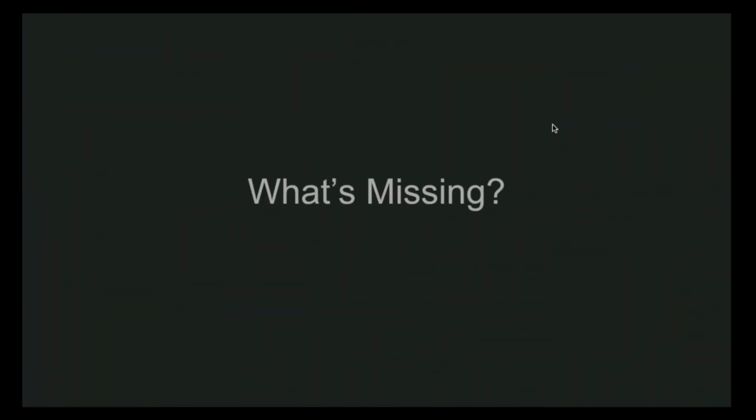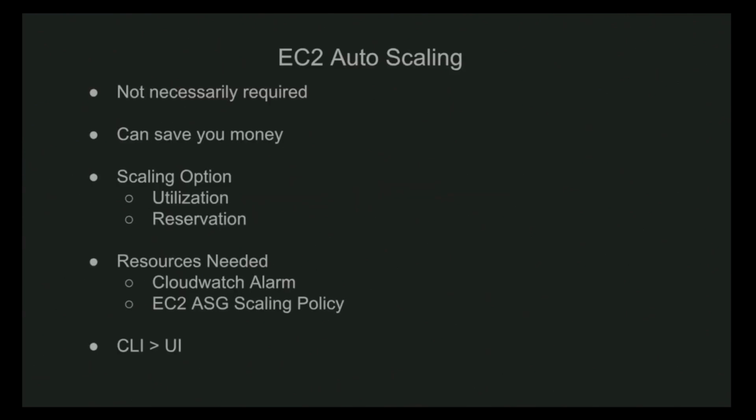All right, so what's missing? There's a little more you can do here, more than we did. I kind of ran out of time. There's a whole concept under ECS for EC2 Auto Scaling. It's a good idea to do it, but it's not necessarily required to scale an ECS cluster.